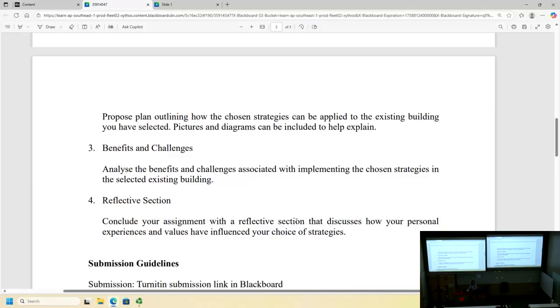And for this assignment, it is only a general proposal and you don't need to do any calculation. No calculations are needed. Just a general proposal. Of course you can refer to some case studies by others.